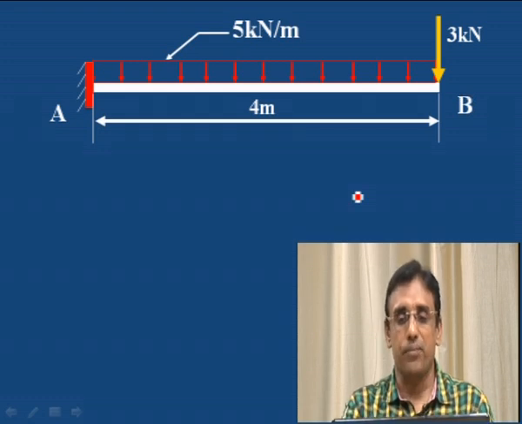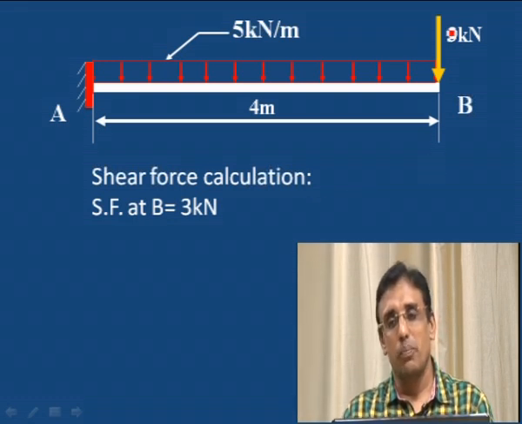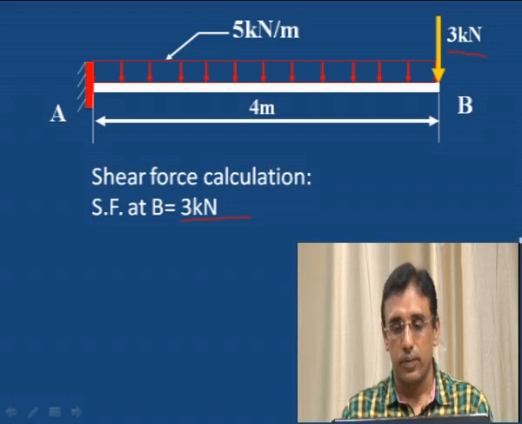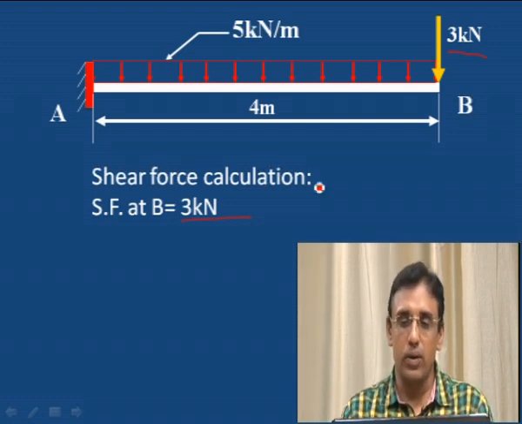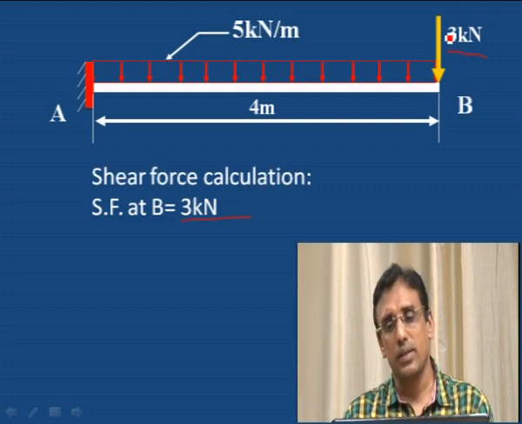Let us see. First, shear force calculation. As usual, because 3 kilonewton is acting at the free end, shear force at B will be 3 kilonewton itself. If no point load is there, then shear force will be 0. Now here a point load is there, and we have to consider that point load for the shear force calculation.